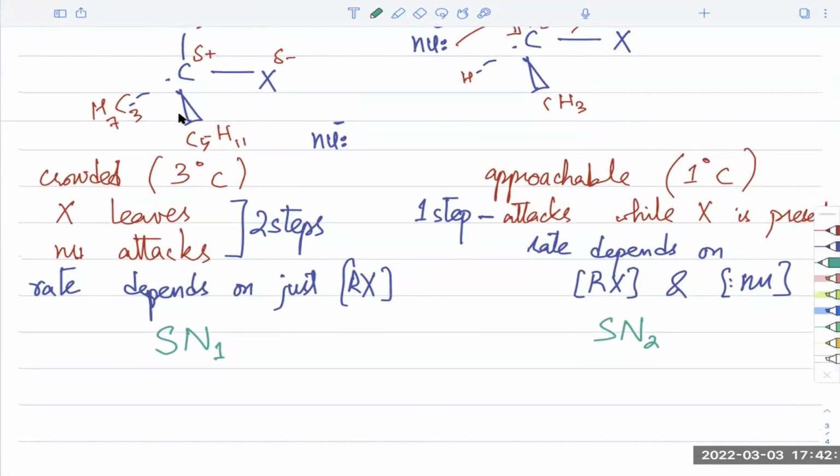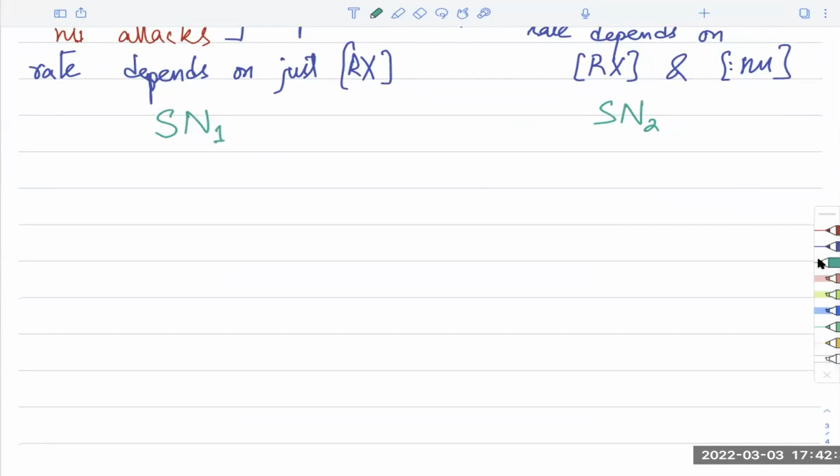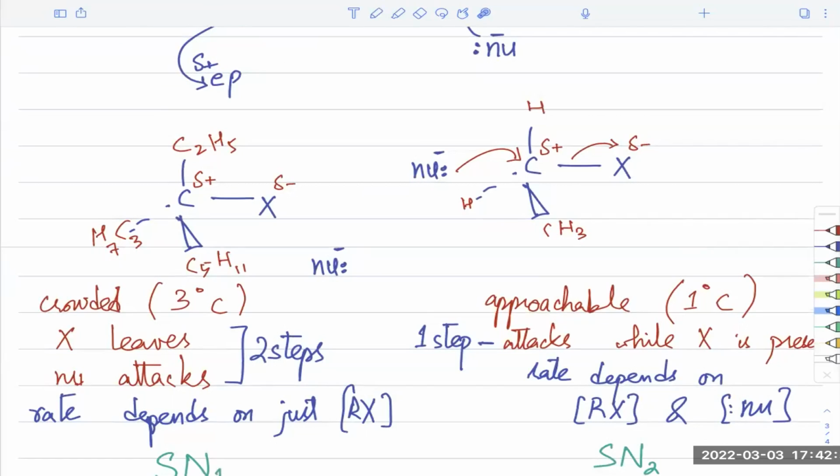Now, of course, in your exam, you can't write that this carbon is crowded and this carbon is not crowded. The reason we say that is again because of the inductive effect of alkyl groups. Because here's the thing. When this X leaves, this carbon gets a positive charge on it. It becomes a carbocation, right?